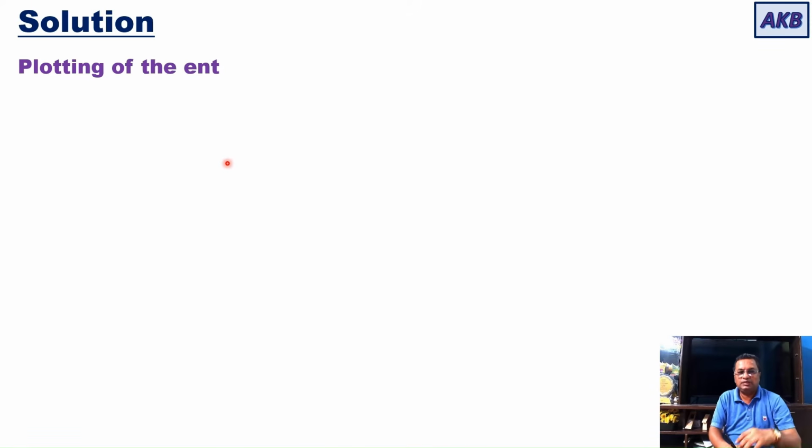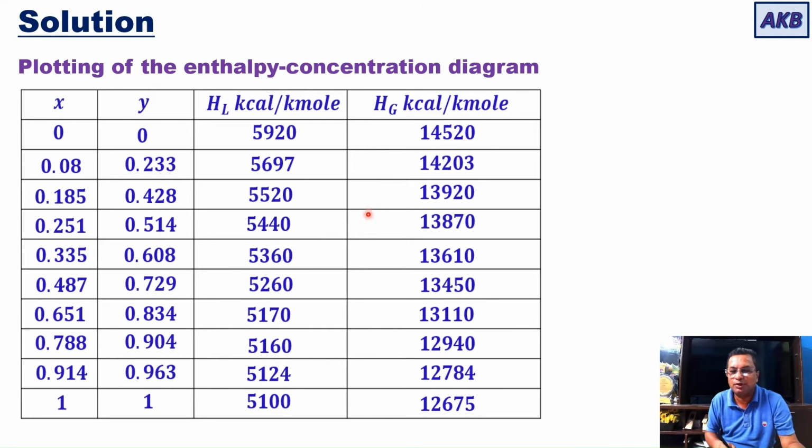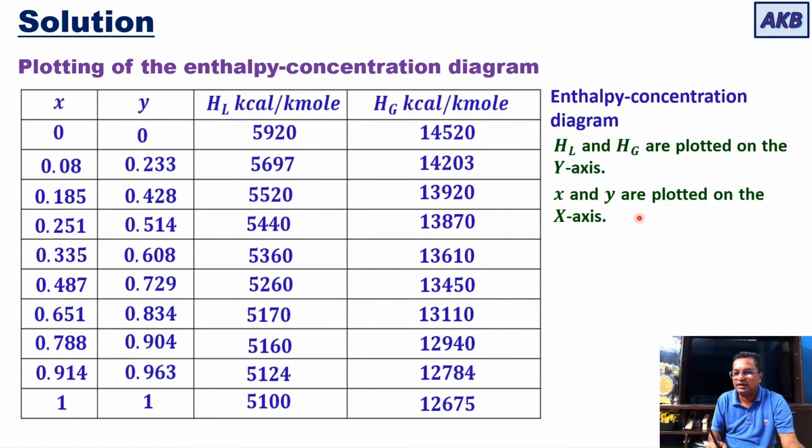Then the next step, after getting D and W, is to plot the enthalpy concentration diagram. For this, they have provided the enthalpy concentration data and we will be using it. Let us first understand how to plot it. For the enthalpy concentration diagram, we are going to plot HL and HG, all enthalpies, on the y-axis, whereas mole fractions, that is X and Y, will be plotted on the x-axis.